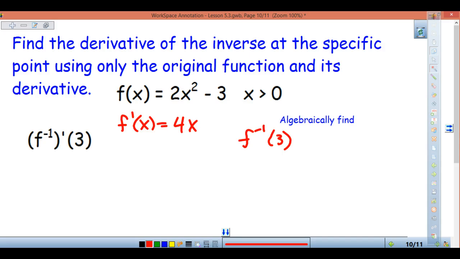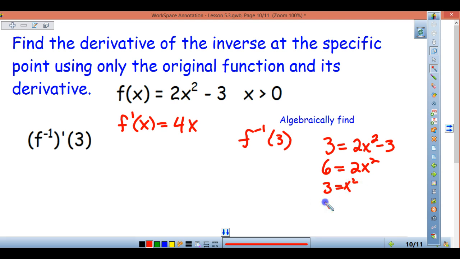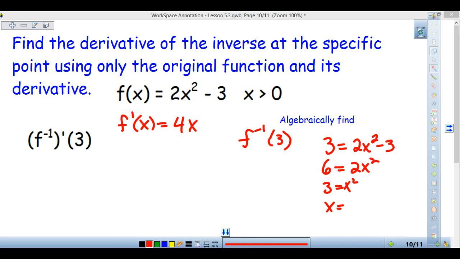So this one can be found algebraically, so if I switch this to being an output, I add 3 to the other side, divide by 2, and take the square root, and get the square root of 3.